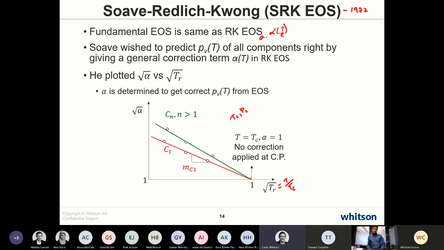Once he had done that for a few compounds and found that it was general, I don't remember exactly which compounds he tested this dependency on, but it apparently worked for a wide range of compounds, from hydrocarbons to non-hydrocarbons, water, etc. Once he had that relationship, all he required to find the slope, M, of a given compound was a single vapor pressure point on the vapor pressure curve.